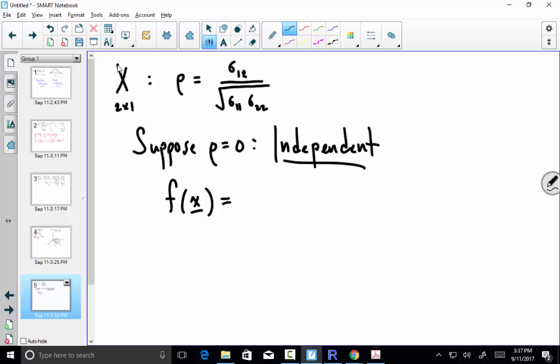The probability that x1 equals little x1 and x2 equals little x2 is just the product of univariate normal with mean and variance times univariate normal.